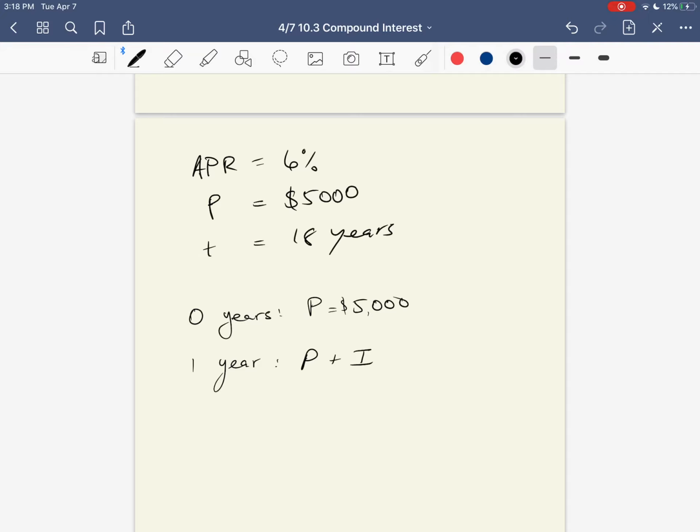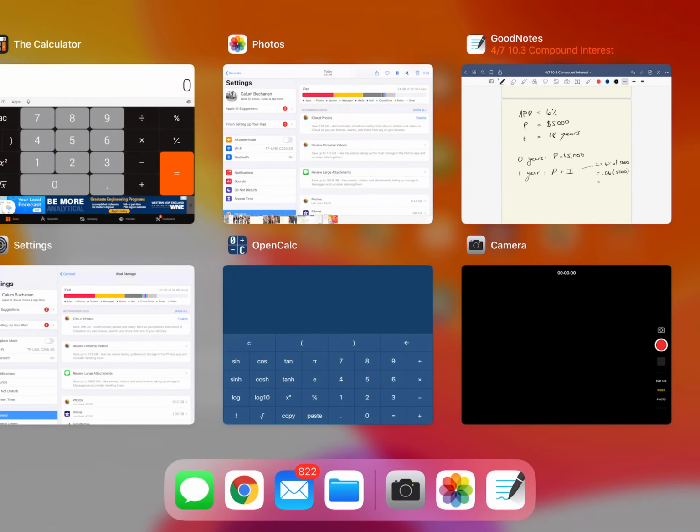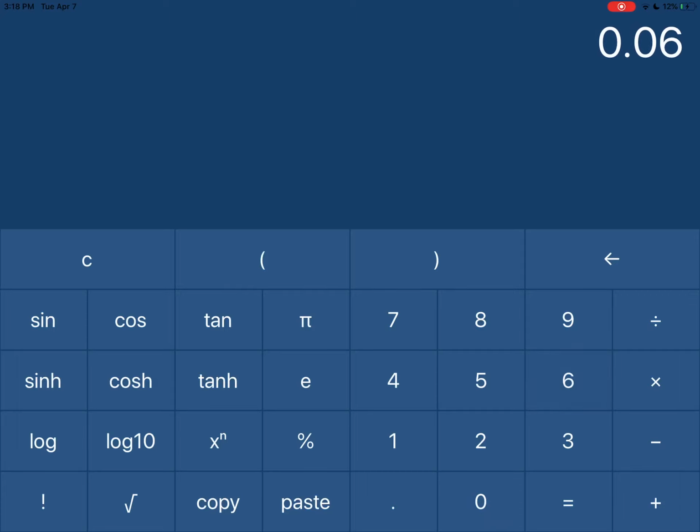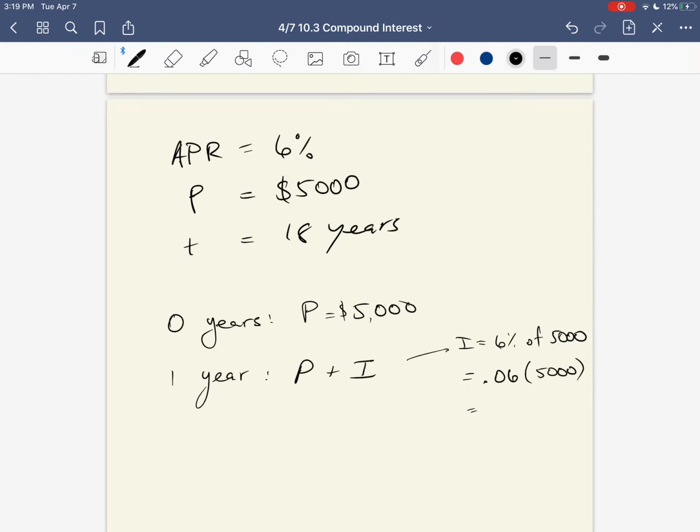And the interest, I, is going to be 6% of 5,000, which is 0.06 times 5,000, which is what? Let's go to our calculator. 0.06 times 5,000, which is 300. Okay.